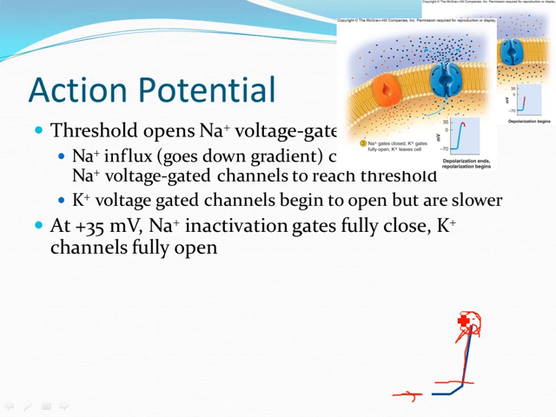Because they're more concentrated inside compared to outside. If they go out, are we going to become more or less positive inside the cell? Less positive, because potassium is a positive ion. If it's going out of the cell, you're losing positive ions. Does that make sense? Potassium is more concentrated inside, so it goes out, making it more negative inside the cell.